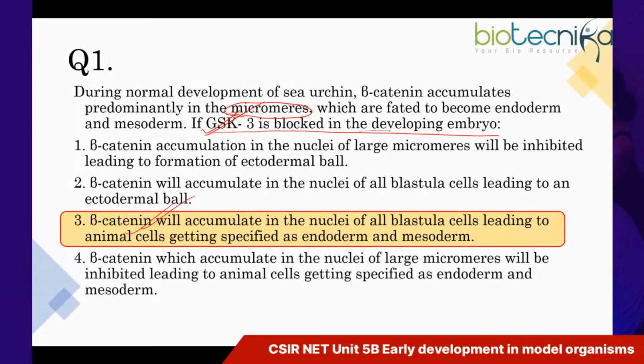Now what is said? Beta-catenin will accumulate in nuclei of all blastula cells. Beforehand, the series of cells that you have in sea urchin: micromeres are actually cells of the blastula.